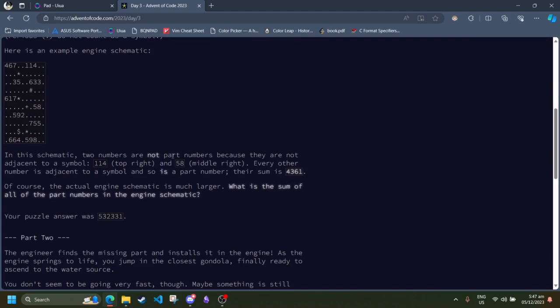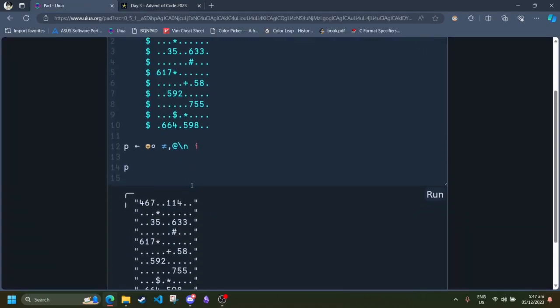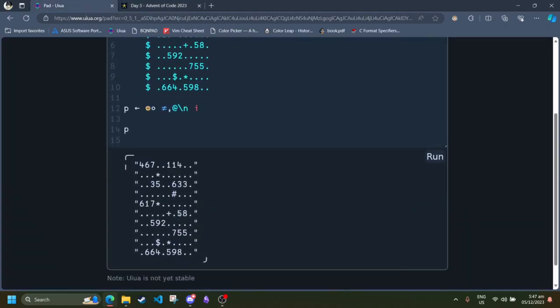Then you get all of those numbers and add them. That's part one. The numbers we won't be adding would be 58, because it's not adjacent to any symbol, including diagonals, and also 114, which is also not adjacent to any.